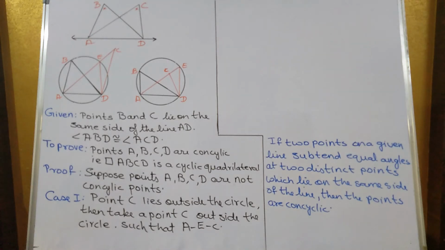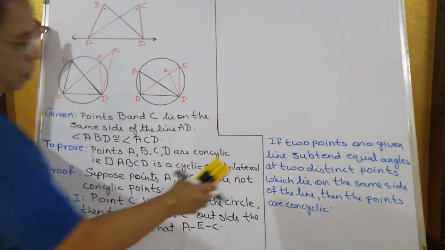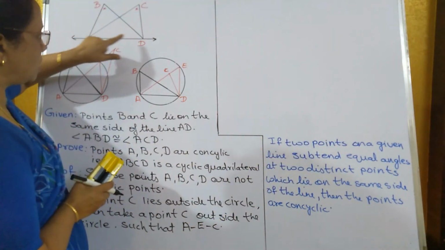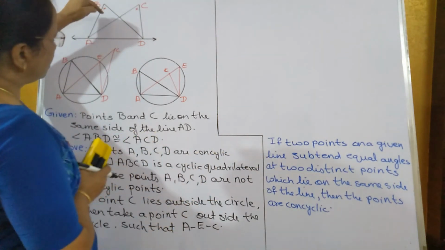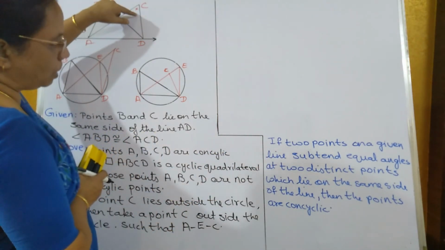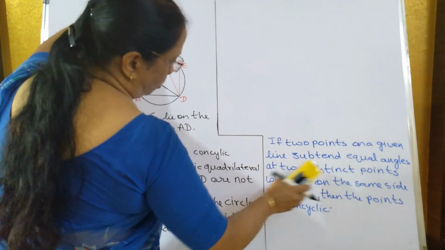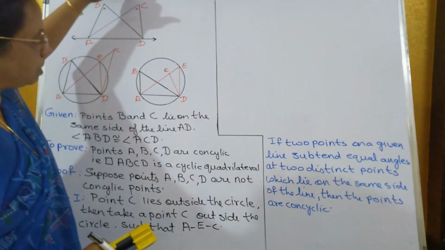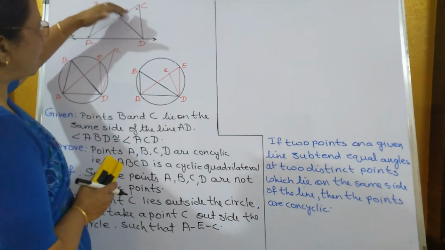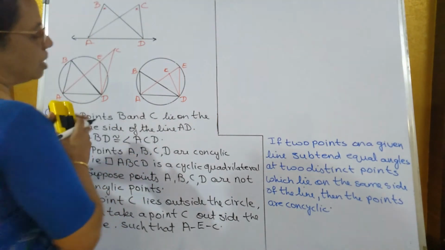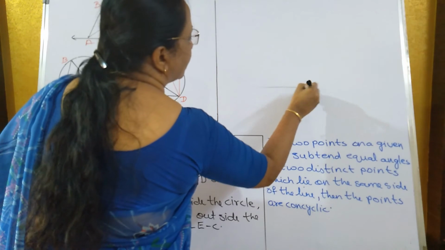Now next theorem: if 2 points on a given line, so this is a line and 2 points, A and D, subtend equal angles on 2 distinct points, that is point B and C, which lie on the same side of the line. So both the angles are lying on the same side.